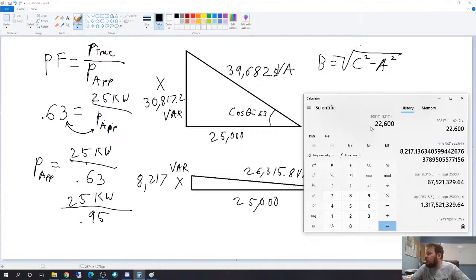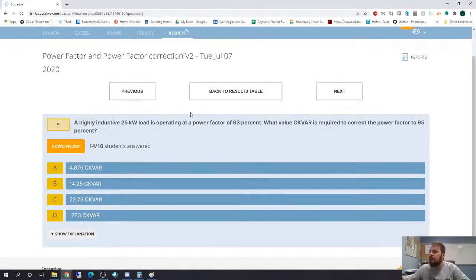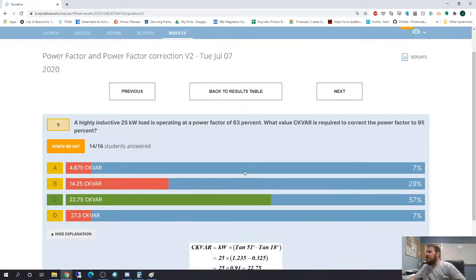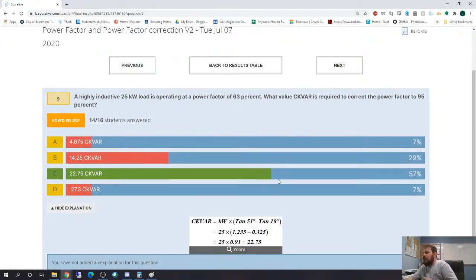We get 22,600. So let's go back to Socrative. The only one that's close is C. There it is. 22.75 capacitive kilovars.